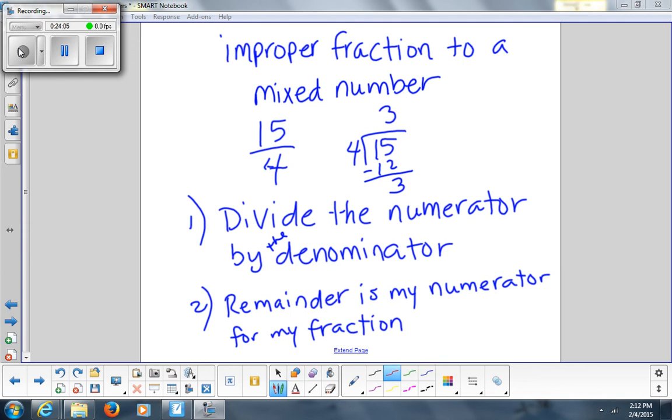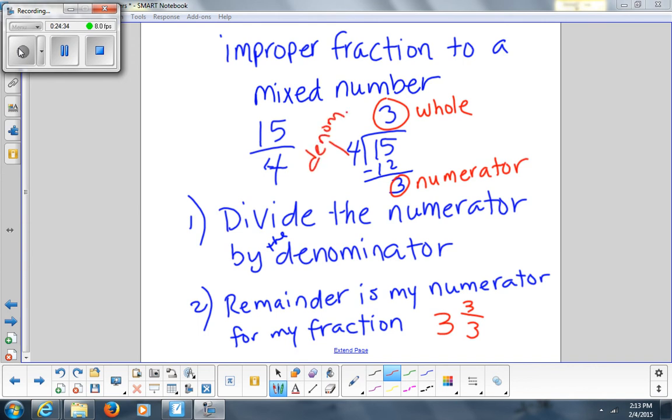Since the remainder is the numerator, it would be 3. So 3 and 3/4, right? This is my whole number. This is my numerator. This is my denominator.